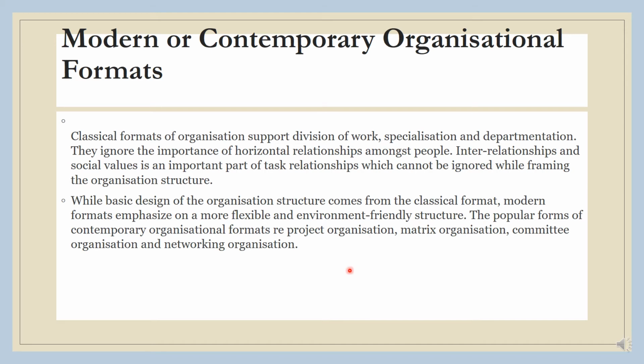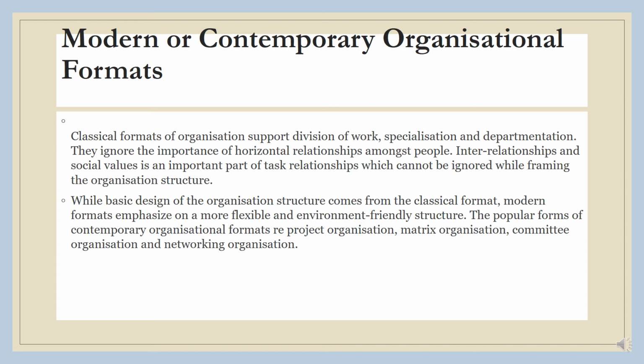So, while the basic design of the organization structure comes from the classical format, modern formats emphasize a more flexible and environment-friendly structure. The popular forms of contemporary organizational formats are project organizations, matrix organizations, committee organizations, and networking organizations. So, we have seen how inflexible our classical structures, or classical organizations, have been.